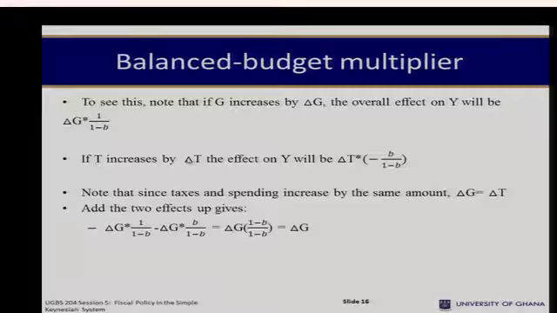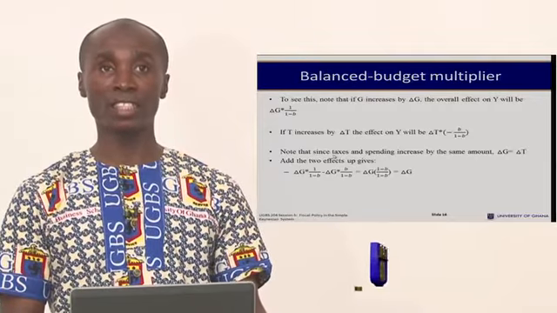On the other hand, if you change taxes by delta T, then it's going to change equilibrium income by delta T times negative B over 1 minus B. That is the tax multiplier. So consider the case where delta G and delta T are the same.